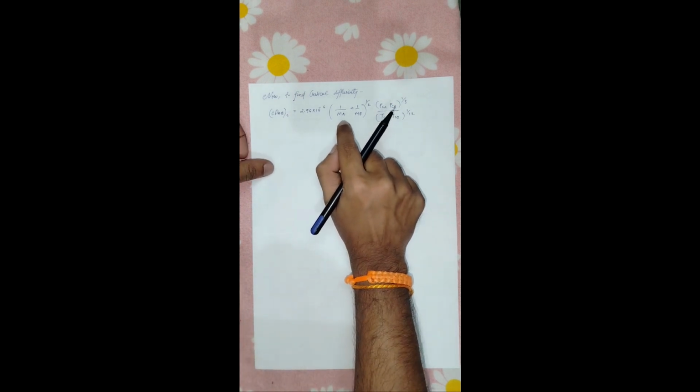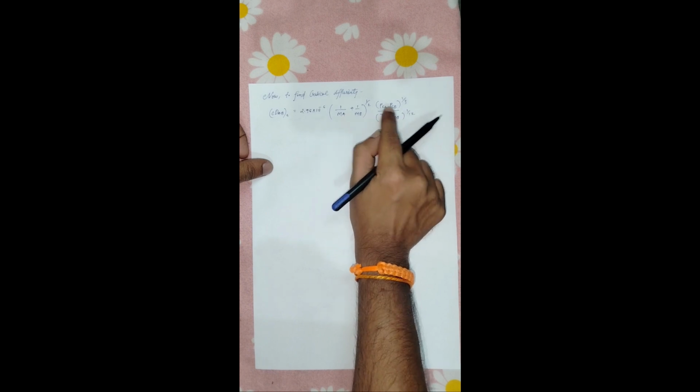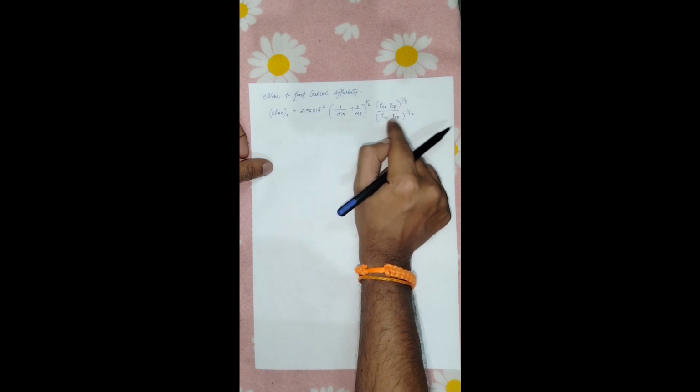So this is the relation which we have to use in order to calculate critical diffusivity. Okay, so now we have all the data. For instance, we have MA, MB, PCA, PCB, TCA, TCB, which we have mentioned earlier.